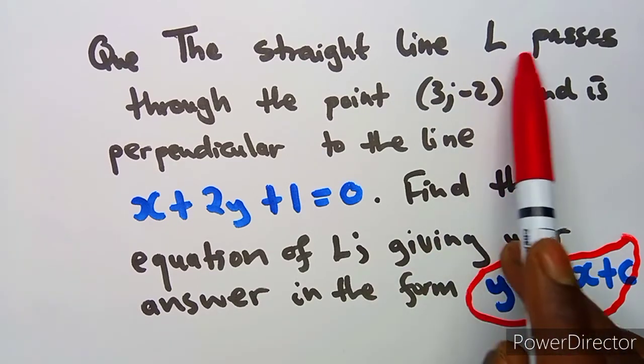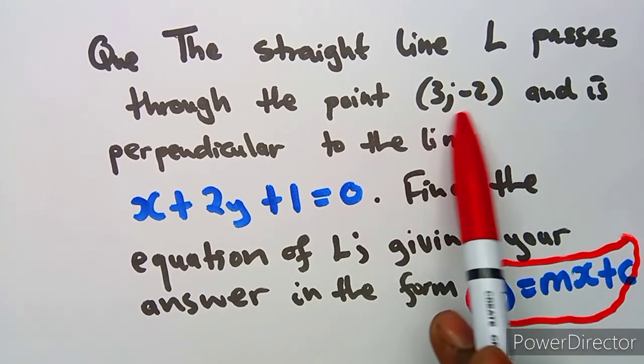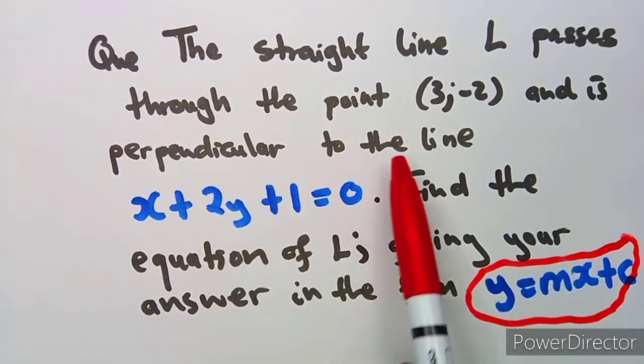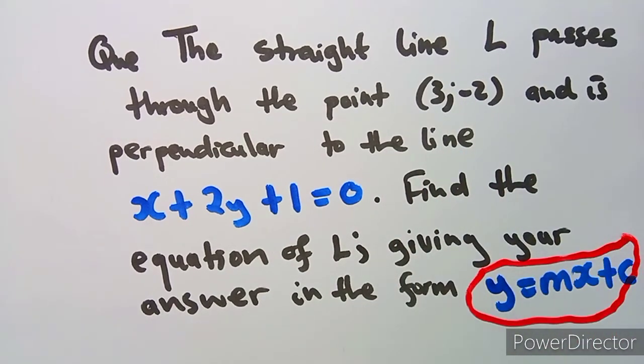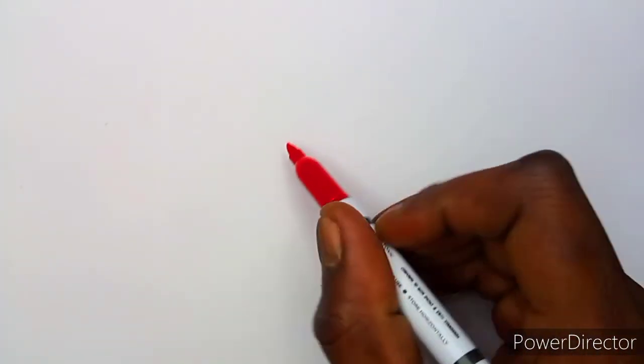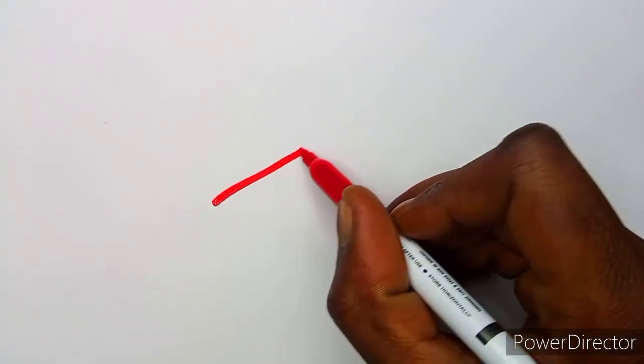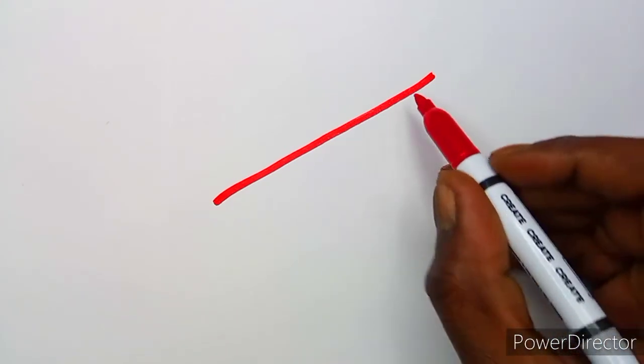We've got line L which is passing through a certain point and is perpendicular to a certain line. Let's just say this is our line L. This line L that we have here is perpendicular to a certain line.